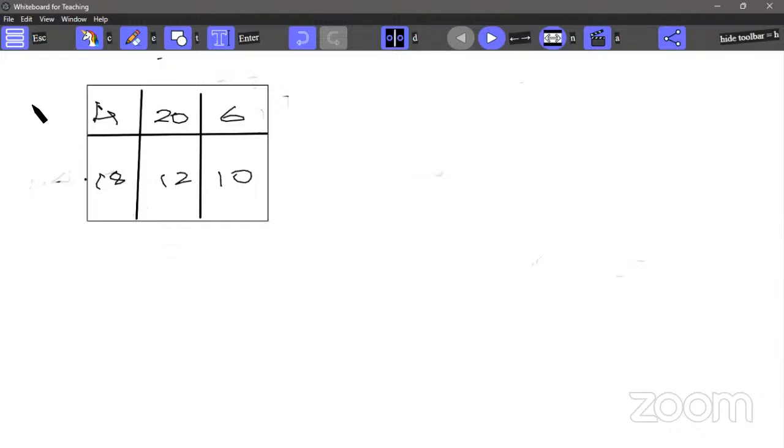The rows are X1 and X2, and the columns are Y1, Y2, Y3. There are 2 players. The maximizing player is X. Company X and company Y are there. Company X has 2 strategies and company Y has 3 strategies.